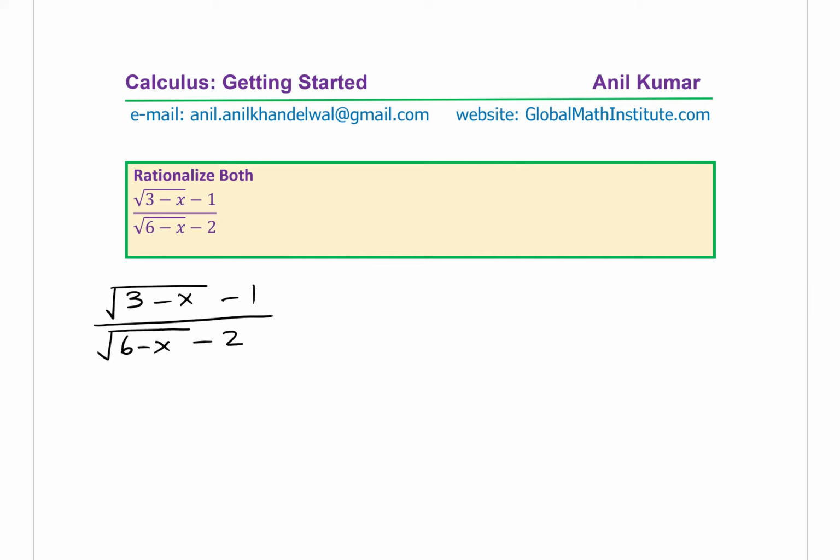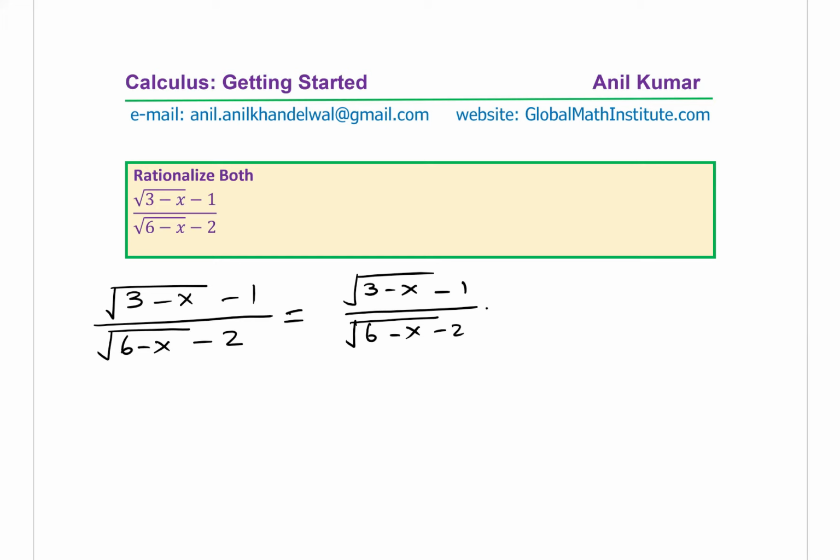To rationalize, I will multiply by its conjugate, right? So let me rewrite this. Square root of 3 minus x minus 1 over square root of 6 minus x minus 2. So let's rationalize the numerator first.